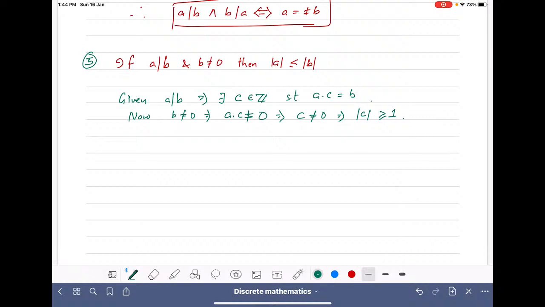Now mod B is equal to mod of AC, which is mod A mod C, and this is greater than or equal to mod A. That is, we have mod A less than or equal to mod B. That's it.